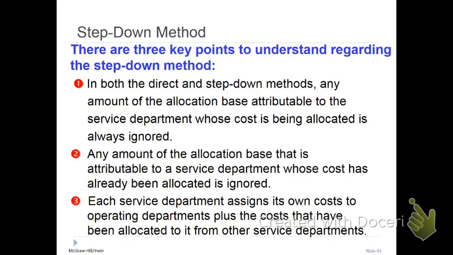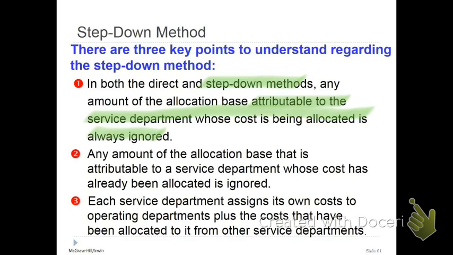Some points to understand in both the direct and the step-down method. In both the direct and the step-down method, any amount of the allocation base attributable to the service department whose cost is being allocated is always ignored. We didn't include the number of employees and the square feet that the cafeteria and the custodial staff were using. So when we're allocating it, we ignore that allocation base.